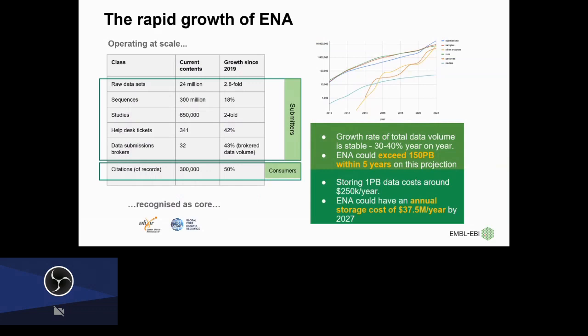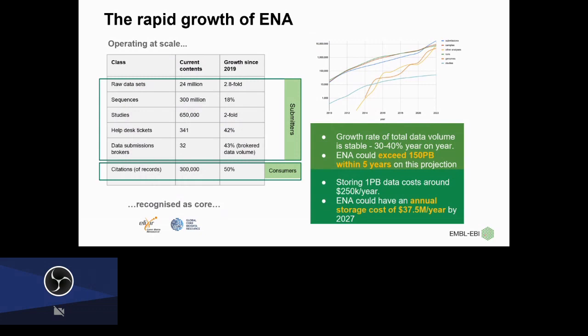Research communities entrust us with all their data, so ENA has been growing rapidly and has a very big size. I'm not going to read all the numbers there, and it's been recognized as a core biodata resource by ELIXIR and the new foundation of global core biodata resources.